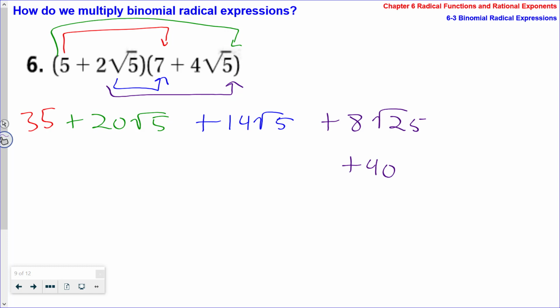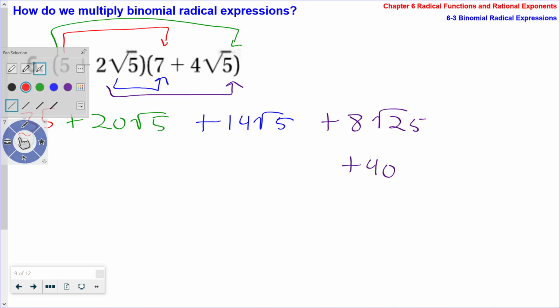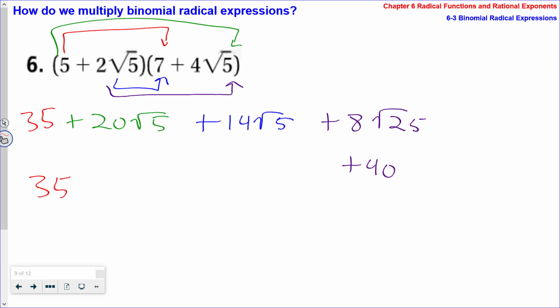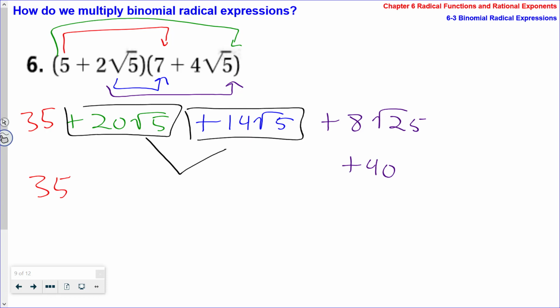28 radical 5 plus 14 radical 5 is 34 radical 5. Thank you. So this is 35. We'll combine these two. These are like terms. So this is positive 34 radical 5.